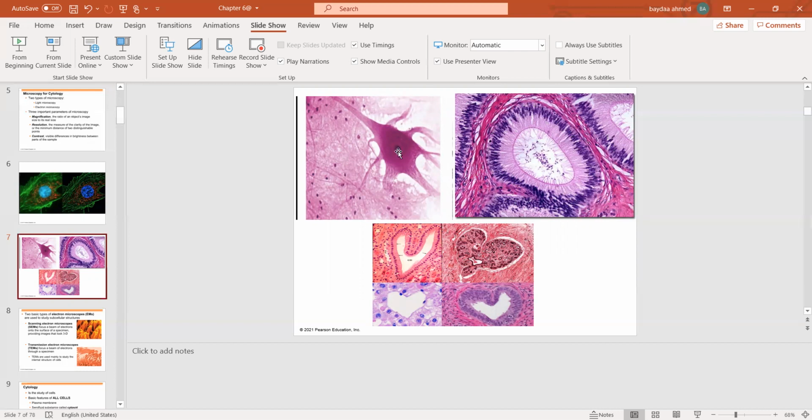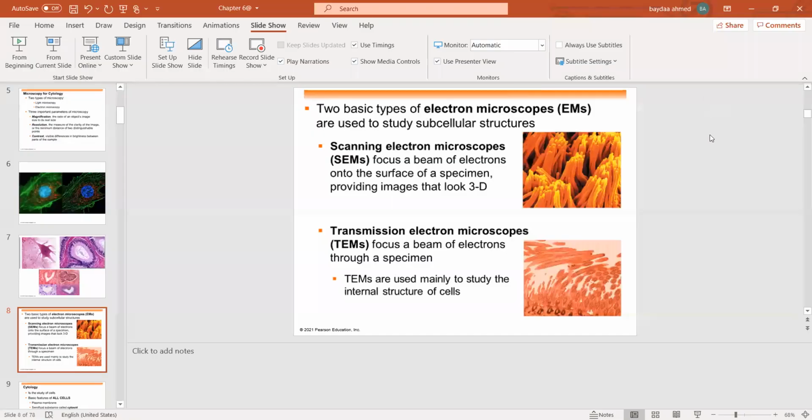You see the nucleus is stained with hematoxylin, dark purple or blue, and the cytoplasm with eosin is pink. So they use different staining processes to get contrast in tissue or in a specimen.